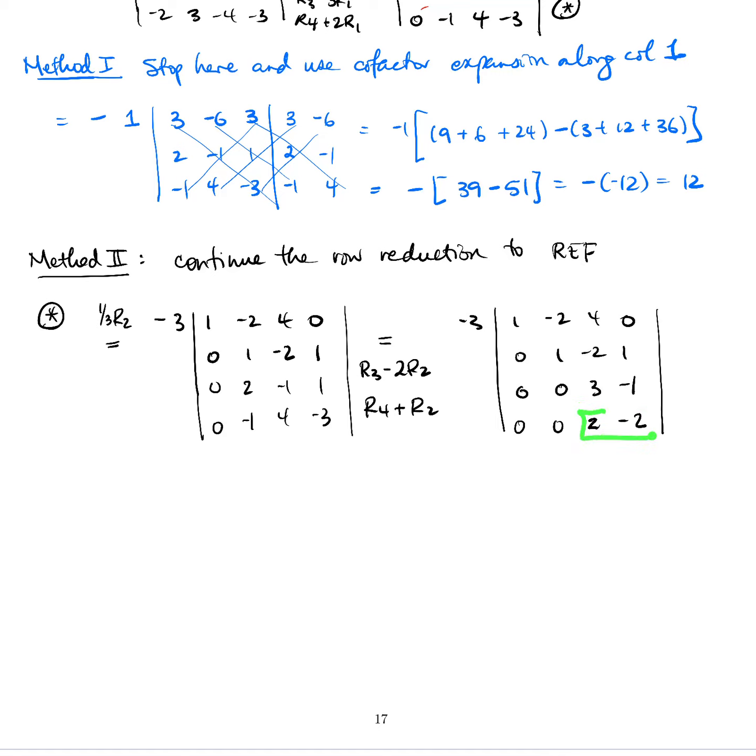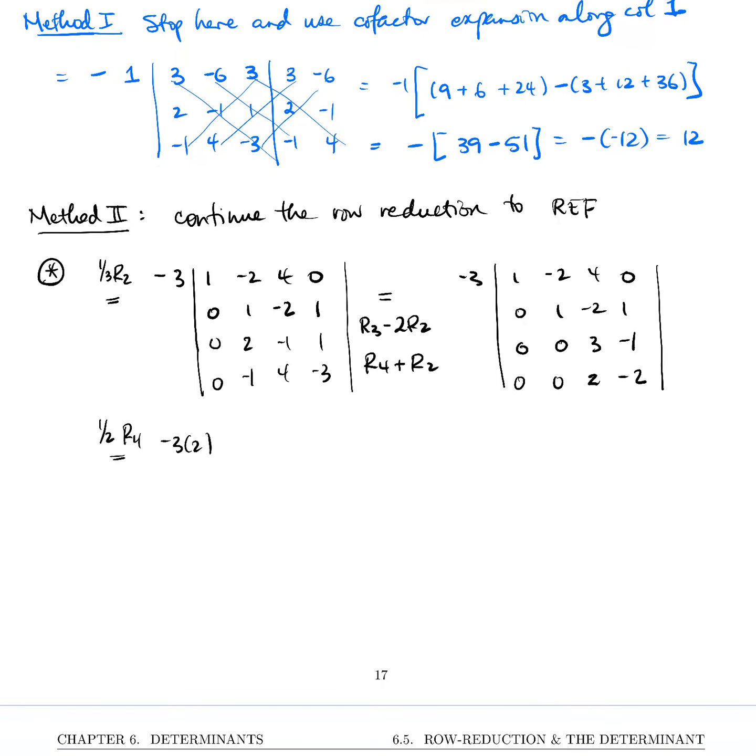Why don't we take advantage of this row here, and we'll do 1/2 row 4, which is going to make us factor out a 2. So we've got minus 3 times 2 times, and then what we have is 1, minus 2, 4, 0, 0, 1, minus 2, 1, 0, 0, 3, minus 1, and 0, 0, 1, minus 1.